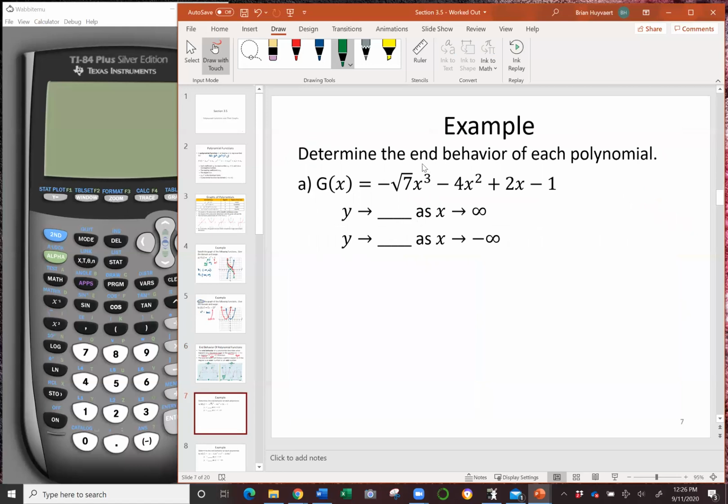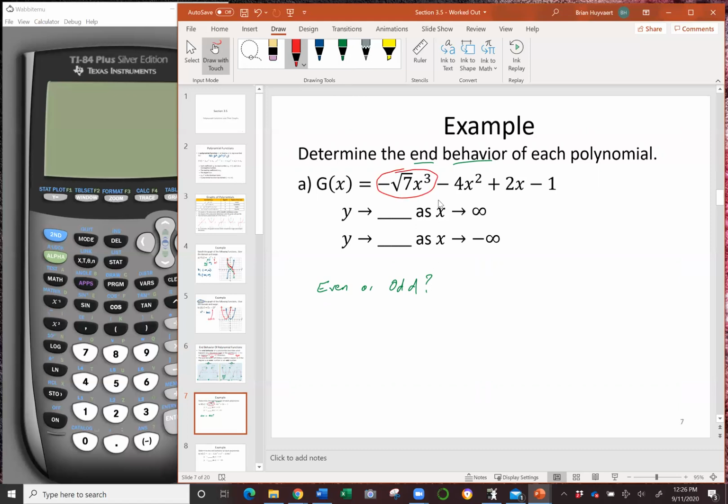Okay, so let's figure out the end behavior for a couple of polynomials. The first thing we want to do is ask, do we have an even or odd function? So we look here and ask, what's our highest power? Let's look at that term. The highest power that we have is 3.